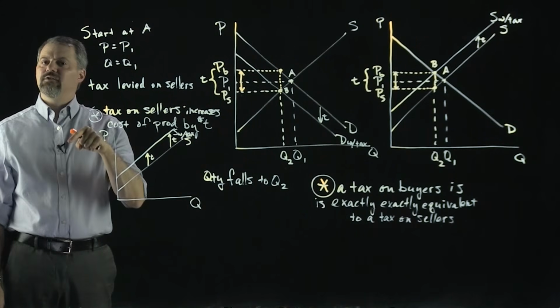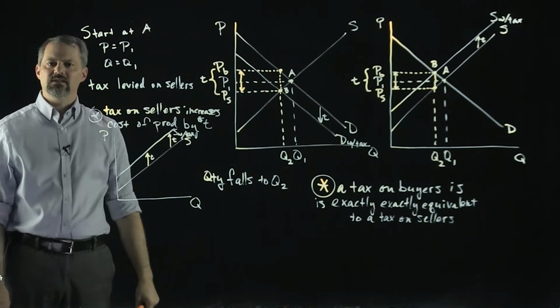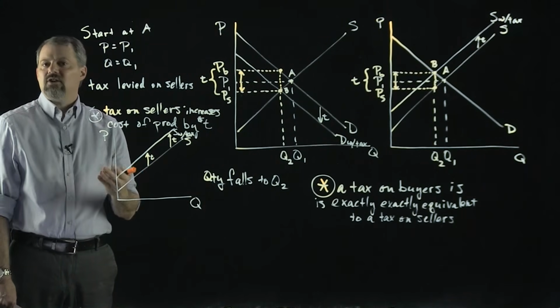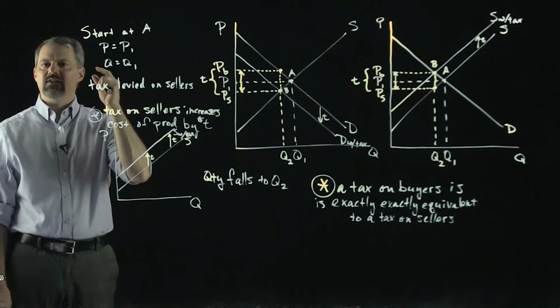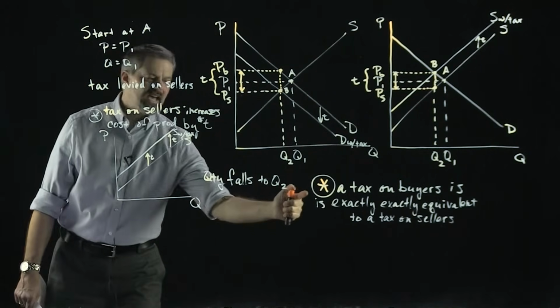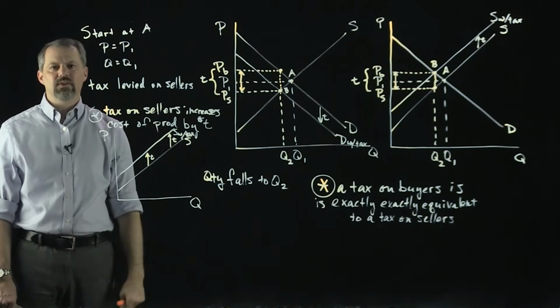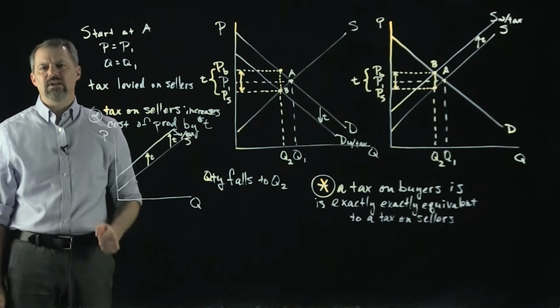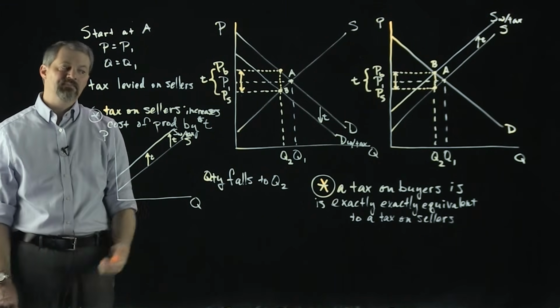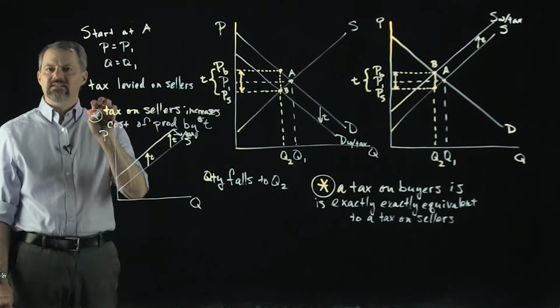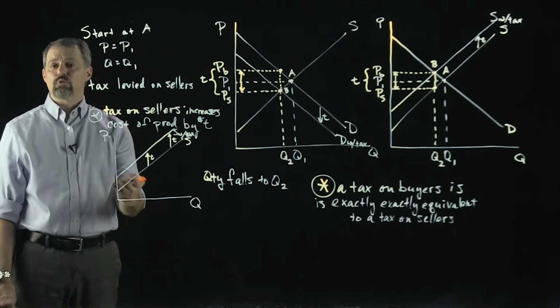It doesn't matter if you tax the sellers of cigarettes or you tax the smokers. It doesn't matter at all. A tax on the cigarette companies is exactly equal to a tax on smokers. And yet there are lots of people that think, you know what, we need to stick it to those businesses. Well, it doesn't matter. If you think that that's somehow sticking it to the business, you're wrong.